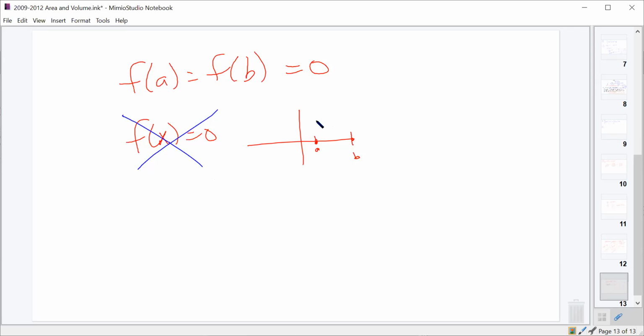But it's possible that our function might not be differentiable on that entire interval, which tells us that we could have a place where the derivative is undefined, but where we still, well, I guess I should make it like this.